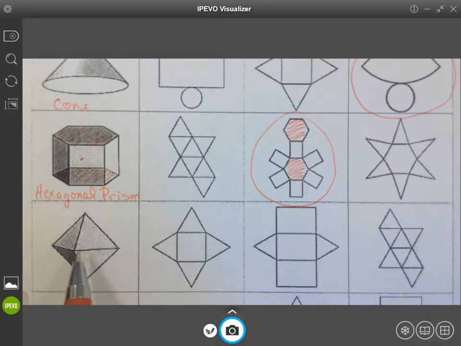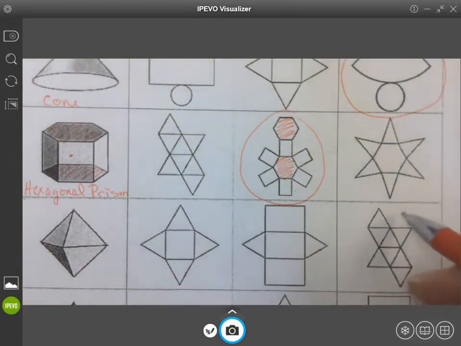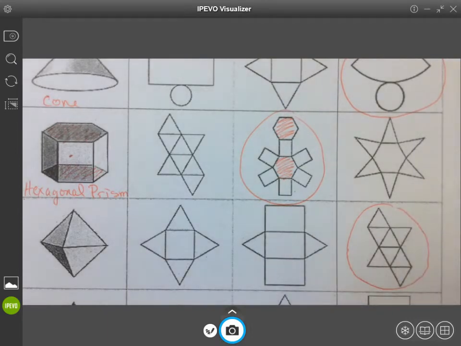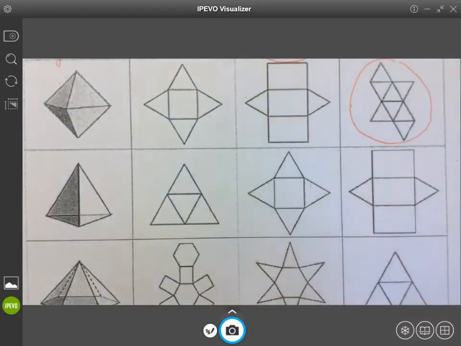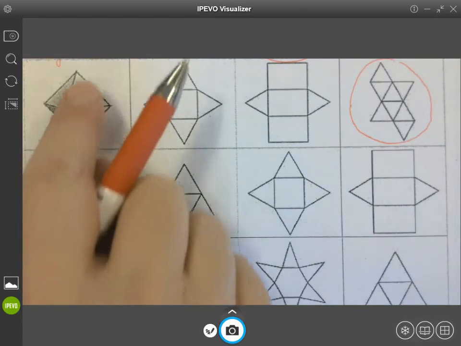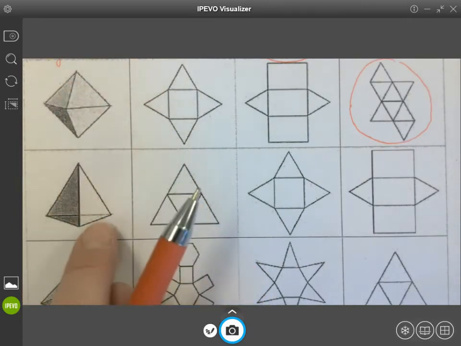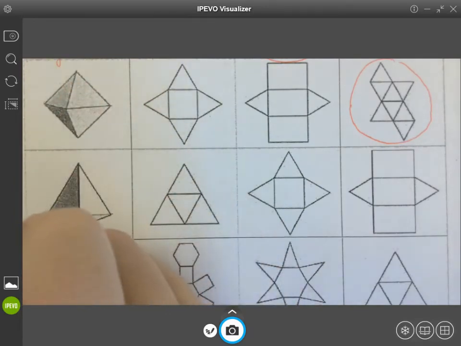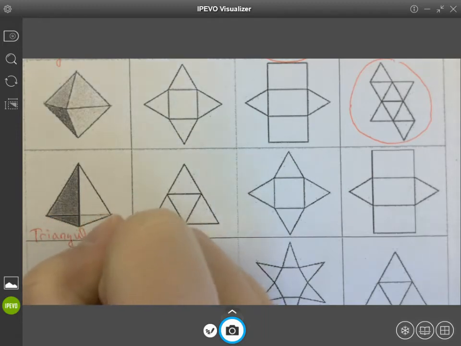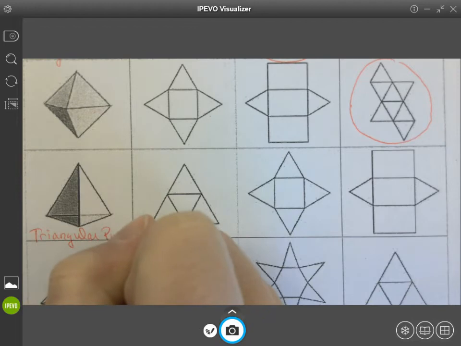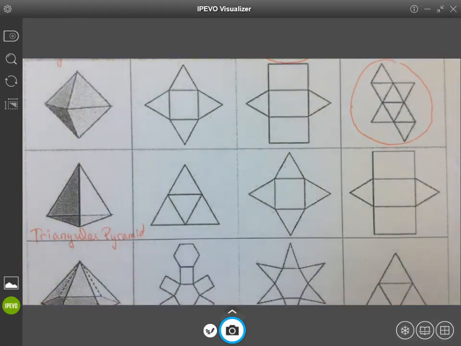So this is a triangular pyramid, and it's actually this picture right here, which is, I think, very hard to see. All right, look at this one. This is a triangular pyramid. So this is 2 of them stacked together. This is one of them. So this is a triangular pyramid.